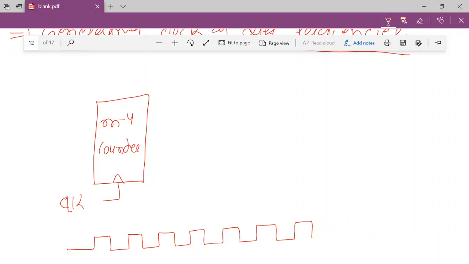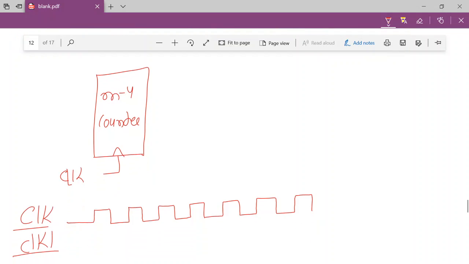Now we want to produce another clock signal with a different frequency. Suppose I want to reduce the frequency by 50%. So the signal looks like this one.